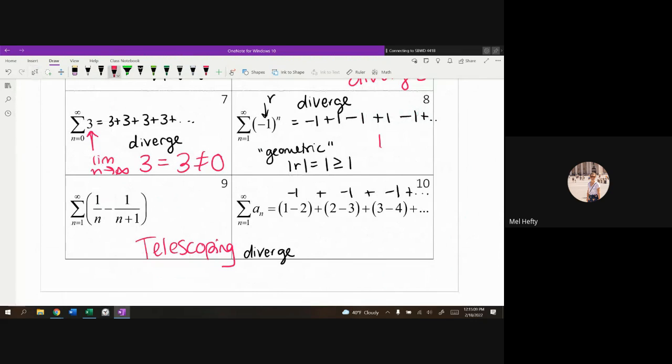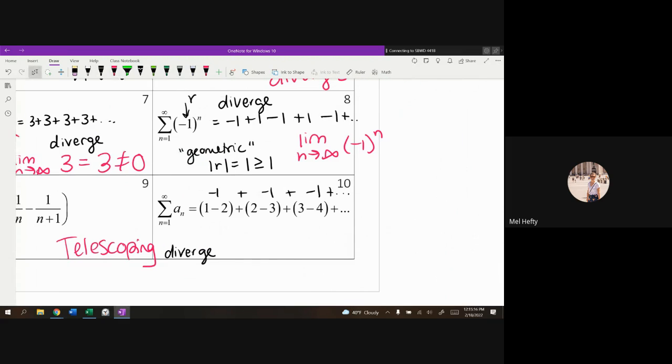This one, if you took the limit, notice the terms bounce back and forth between -1 and 1. So does this limit exist? Yeah, this does not exist because of oscillating behavior. Finally got to use that word appropriately. Oscillating is just a great word.